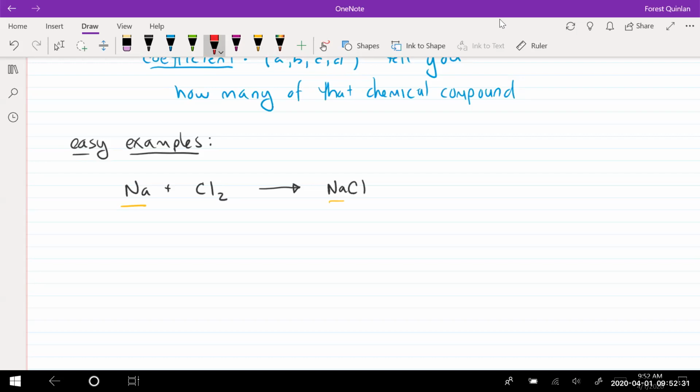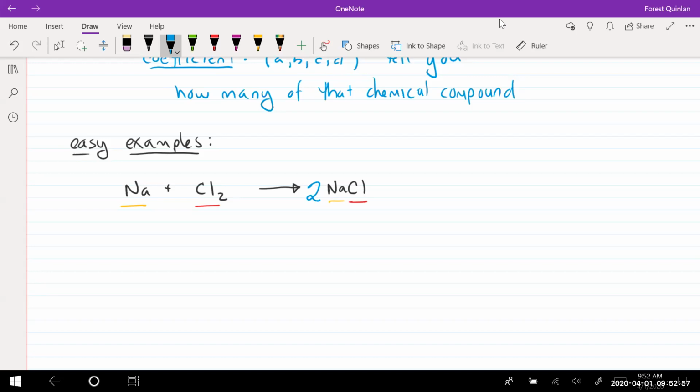Now, here we see we have 2 chlorines on the left and only 1 on the right. Okay? That's a problem. If we have 2 chlorines on the left, then we better have 2 chlorines on the right. So to balance this, I say, I must not have formed 1 sodium chloride, but maybe 2 sodium chlorides.